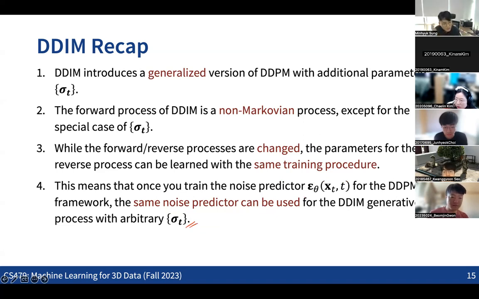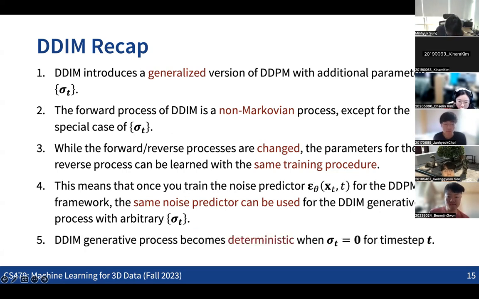So that means a typical diffusion model like Stable Diffusion is trained for the DDPM process, but for the pre-trained Stable Diffusion model, you can actually run the DDIM reverse process.